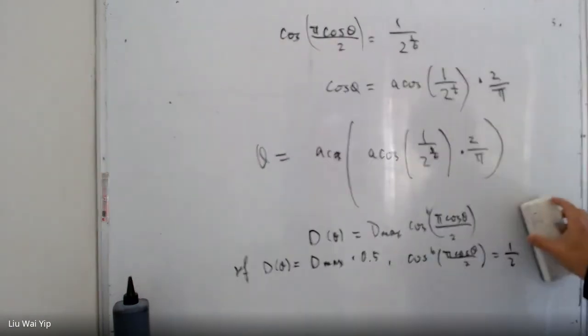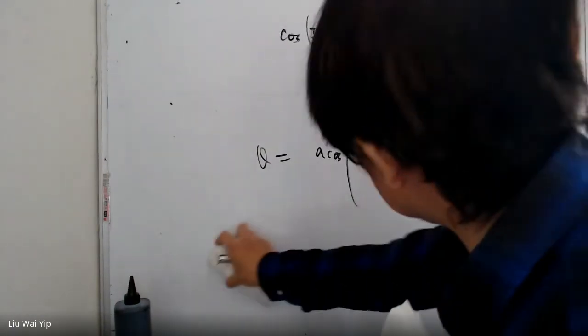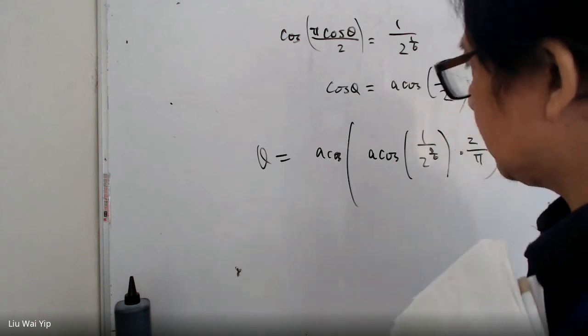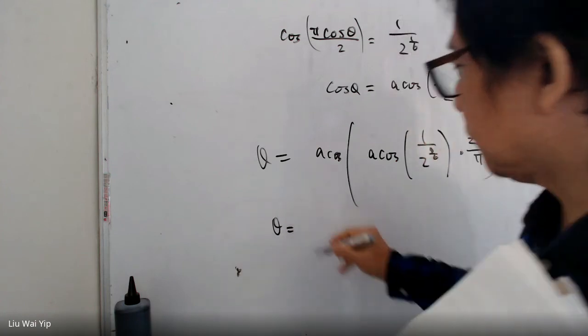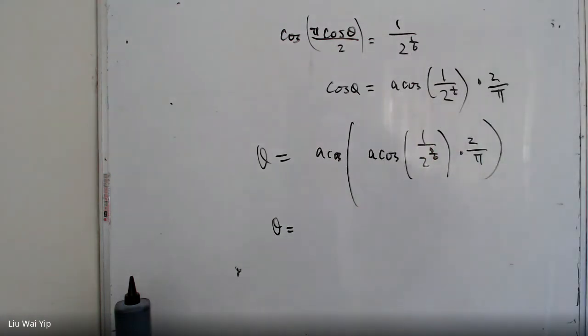Based on my calculation here, beta should be equal to some value, and you have to check the value to make sure it is within the visibility range.